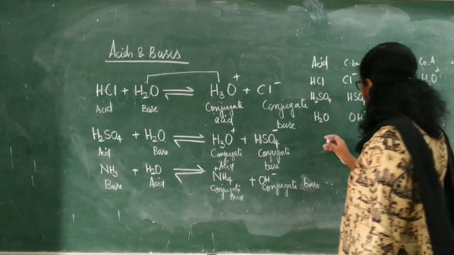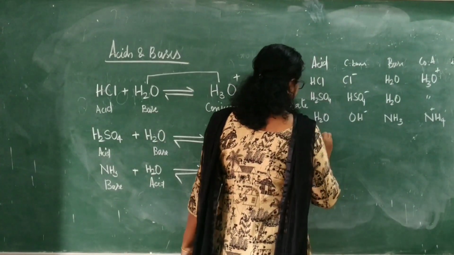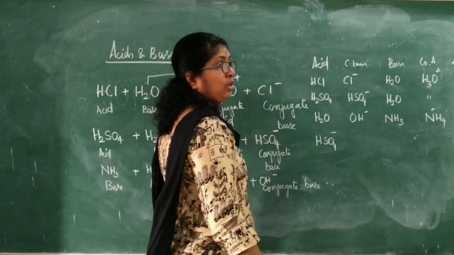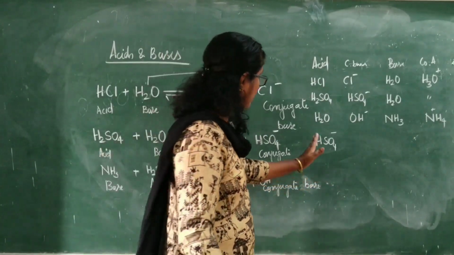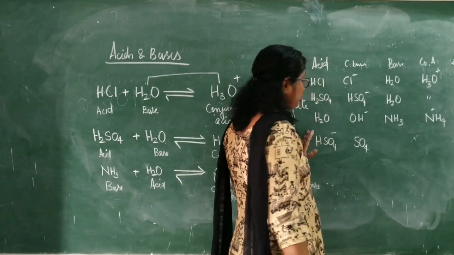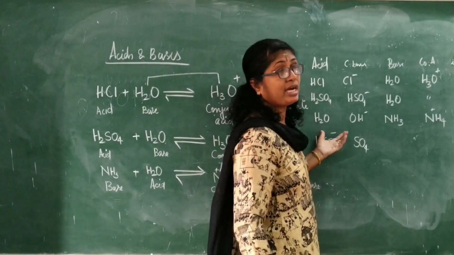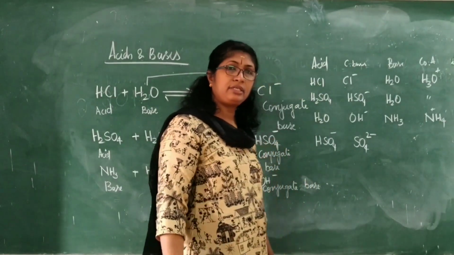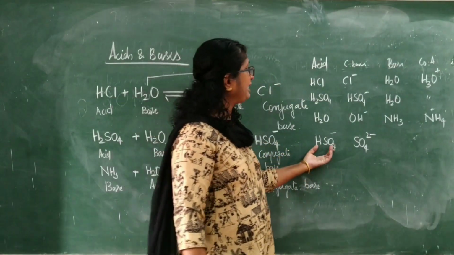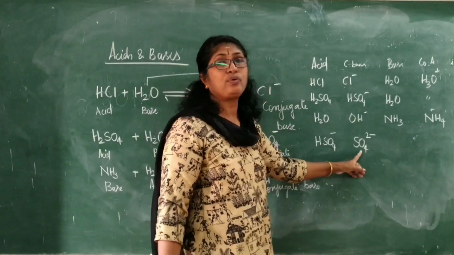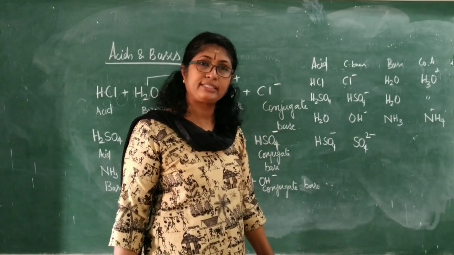Now can you tell me, the acid HSO4 minus, its conjugate base? 1 proton less, that means 1 H plus is gone. When 1 H plus goes, one more negative charge will come, so it is SO4 2 minus. So HSO4 minus, when it is an acid, its conjugate base is SO4 2 minus, 1 proton less.